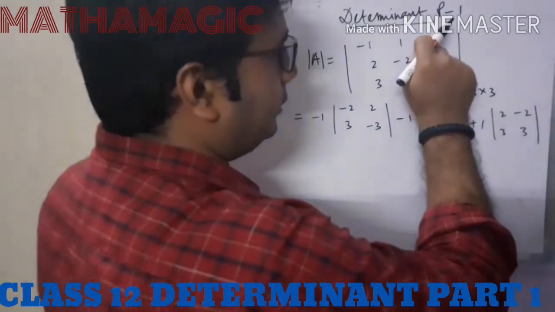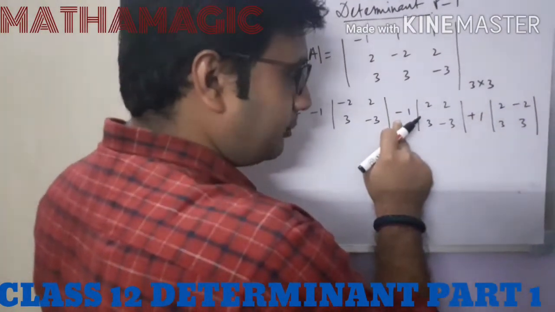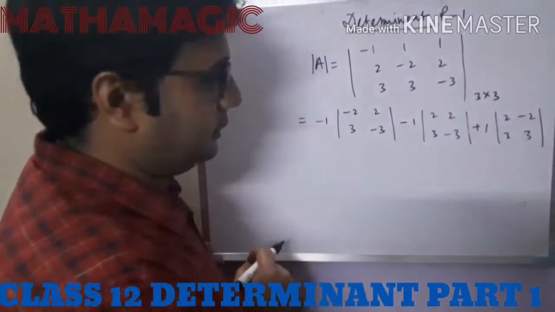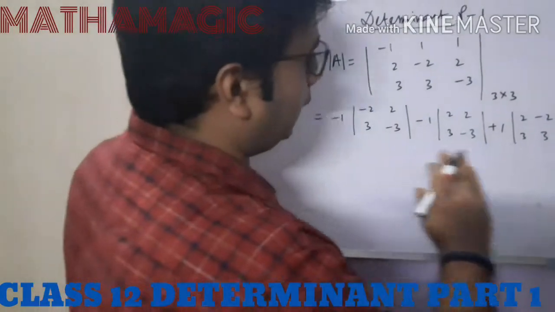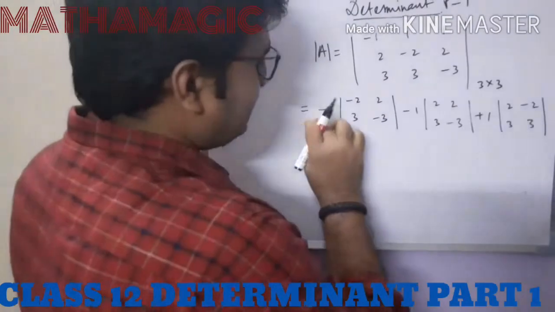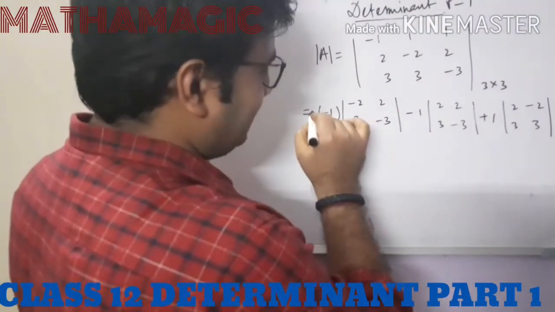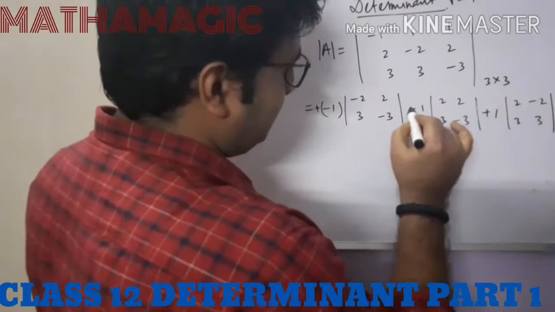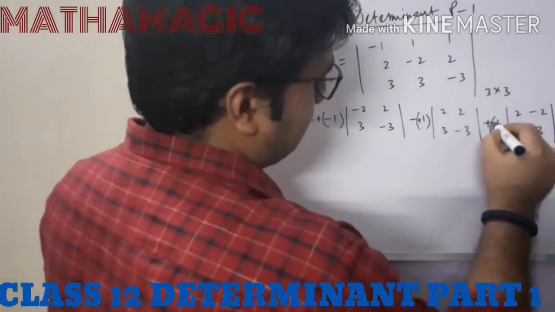Whereas we don't have any minus, but we are using plus here. Here we are using minus. There the confusion starts. But there's nothing to get confused. We'll just move to another concept. We'll solve it later. These things are getting used as they are. That means we are using plus here, minus here, and plus here.